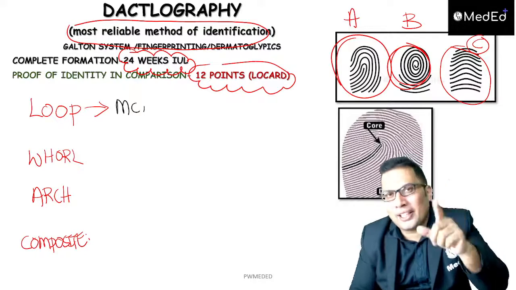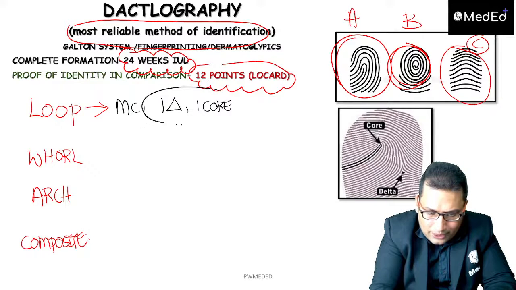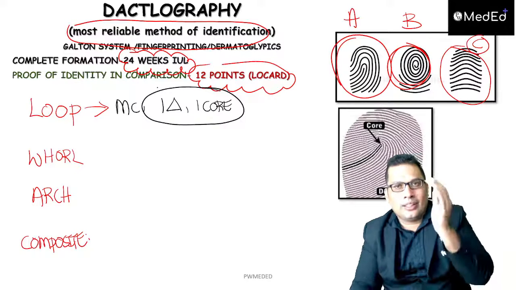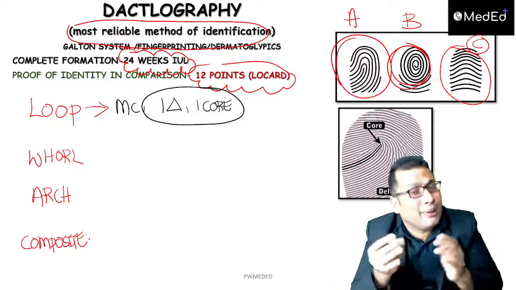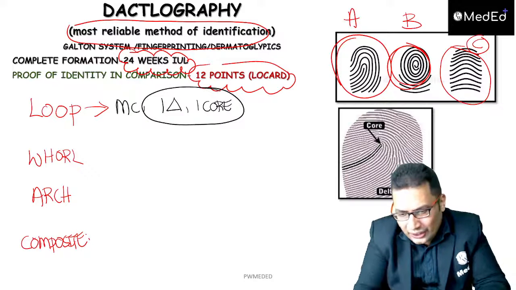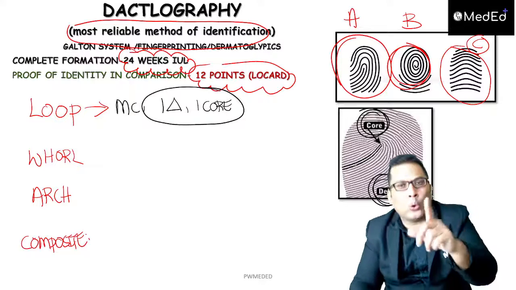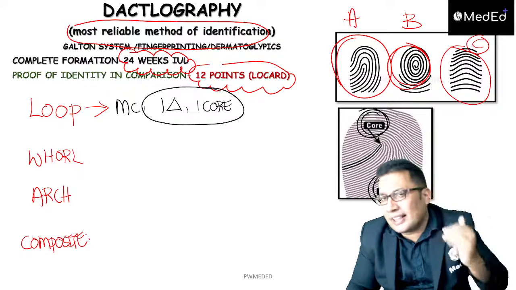Loop has one delta, one core. Can be asked in your exam. Delta means three-directional meeting point. Core means curving ridge. You can see here, whenever you see one core and one delta, loop is the answer.